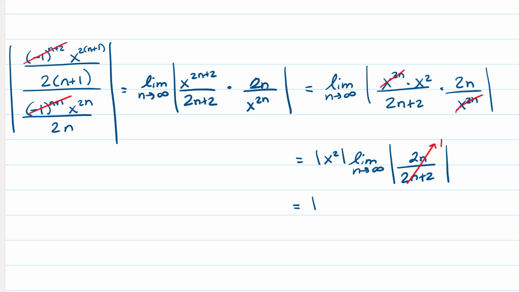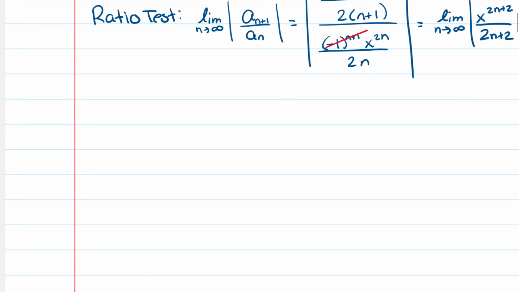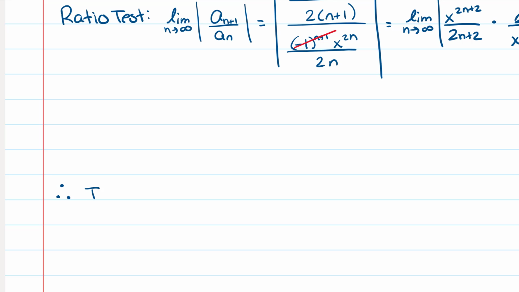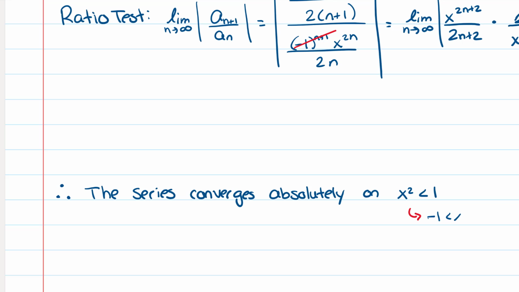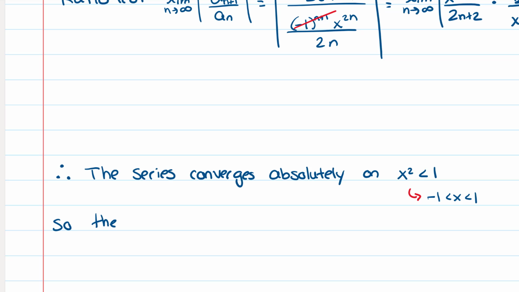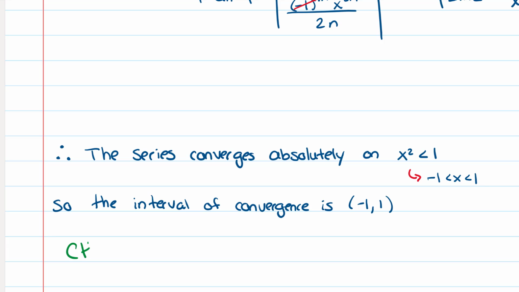So I get the absolute value of x squared, which is just equal to x squared, because x squared is always positive anyway, so we can go ahead and drop those absolute value bars. So we know that this series converges absolutely when x squared is less than 1. So we get that the interval of convergence is negative 1 to 1 from the ratio test.